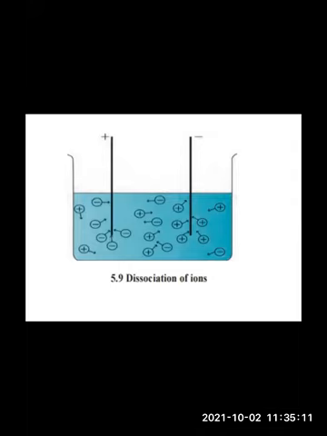For example, if you take a 10 ml aqueous solution of 1 gram each of sodium chloride, ammonium chloride, and sodium bicarbonate, and measure the pH using pH paper, you find that the pH values are different for different salts. Yesterday we studied about pH value. So the pH of an acid is different from the pH of a base.